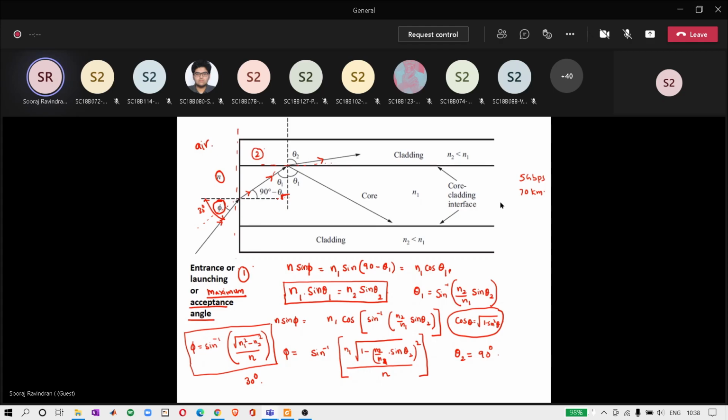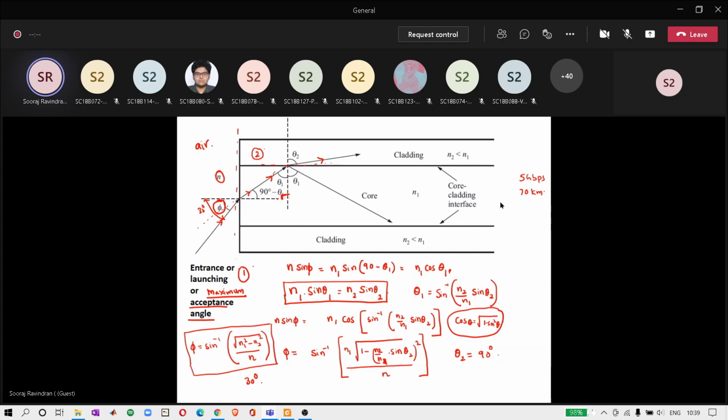The equation we have derived right now assumes that the interface between the core and the cladding is a straight line. In fact, the reflection happens only at a point. So even if you have a bend, the reflection happens only at a point, not along a plane.